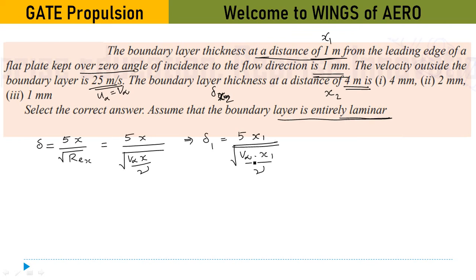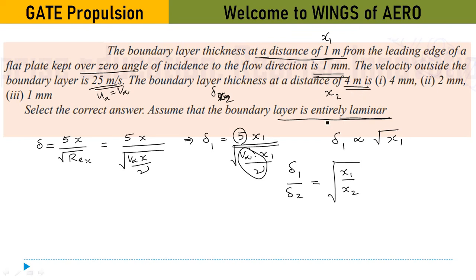Now I know my del 1, I know my x2, so from that I can write 1 into 10 power minus 3 by del 2 equals root over of 1 by 4. Now if you simplify this equation, you will get del 2. Now please tell me what is del 2.